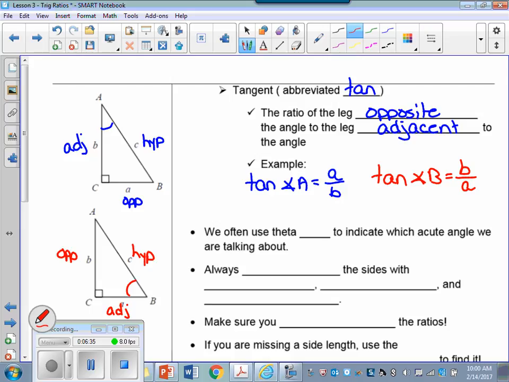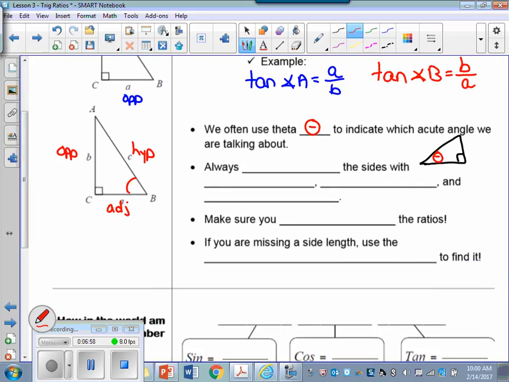Now we often use a symbol called theta to indicate which acute angle we're talking about. So you will have a nice pretty right triangle, and let's say instead of actually labeling the vertices, they just stick theta in there. That tells you that's the angle you're interested in.